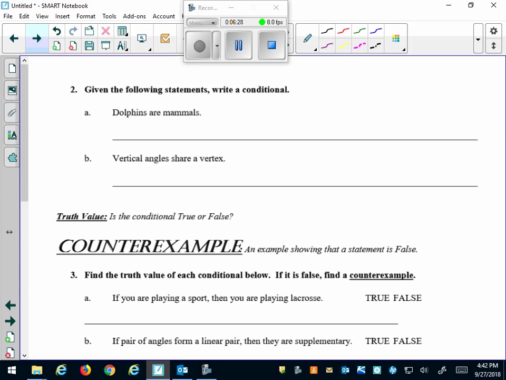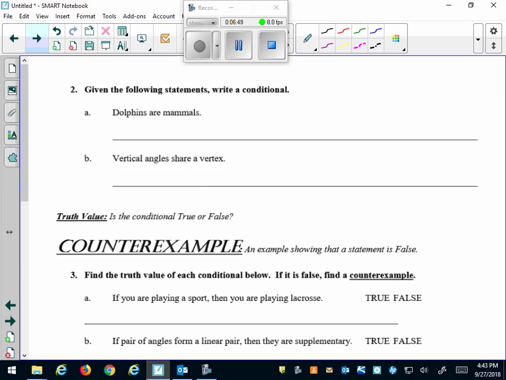Okay, so sometimes there are statements that are not written as if-then statements, but they sort of imply a conditional situation. So these are some examples of that, and we can practice writing these statements as conditionals, as if-thens. So dolphins are mammals.